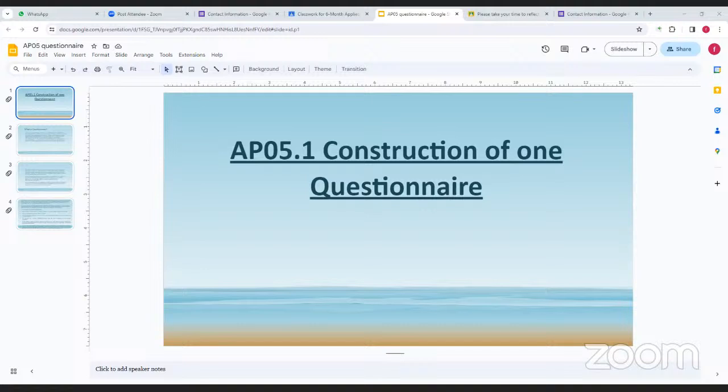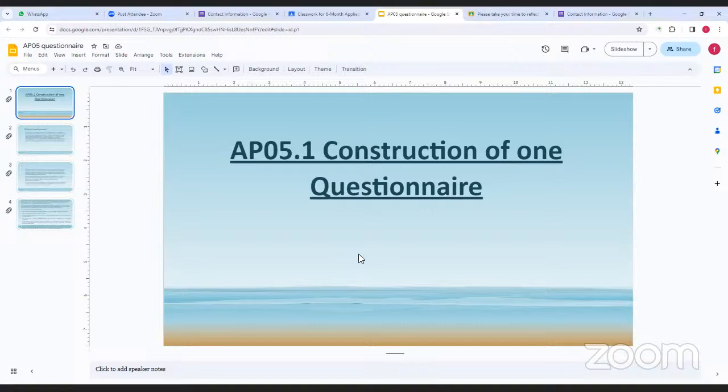Now, what is an item? An item is the individual question or individual statement in the questionnaire. So the item is the unit that represents the construct being measured by the questionnaire.